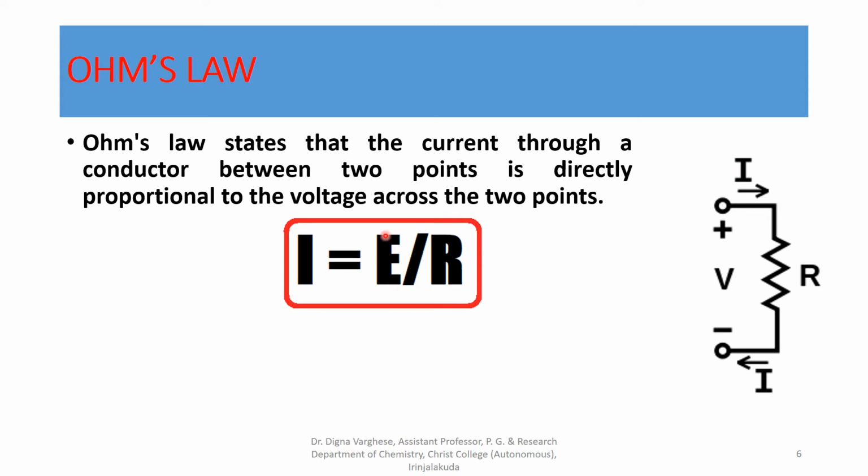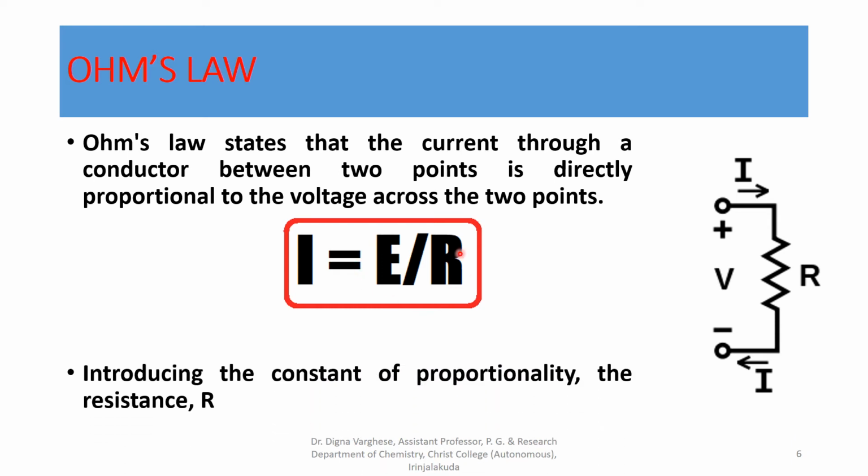That is, I is proportional to E. Here R is the constant of proportionality, that is the resistance. That one arrives at the usual mathematical equation that describes the relationship.